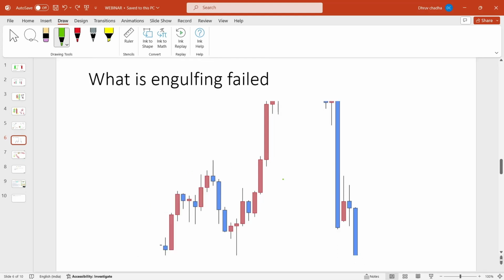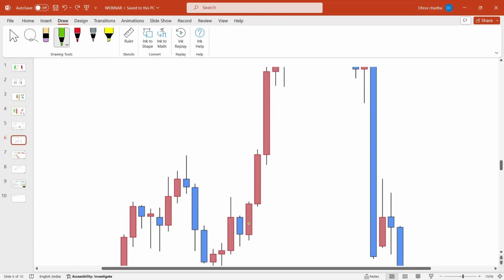Let me see if there is another example. Okay, so here is when it is not a perfect engulfing candle. You can see this was a buy, right? So this is a sell candle. The low of this candle was not engulfed by the next bullish candle, so we will not call it a perfect engulfing candlestick. For it to be a perfect engulfing candle, the low should also be engulfed.